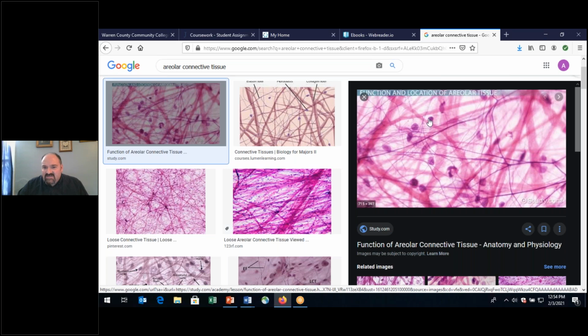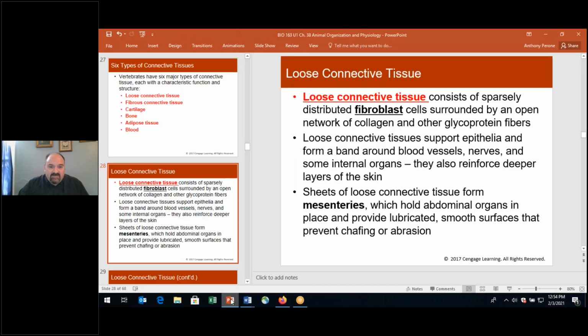And we also have these cells present, okay? These cells can be for the immune system, as well as these fibroblasts, which help to produce other fibers. So we have the elastic fibers and the collagen fibers. They're fiber producing cells. Okay?